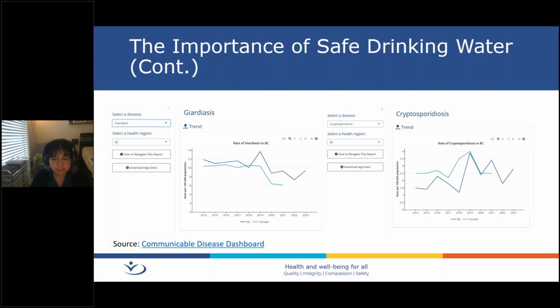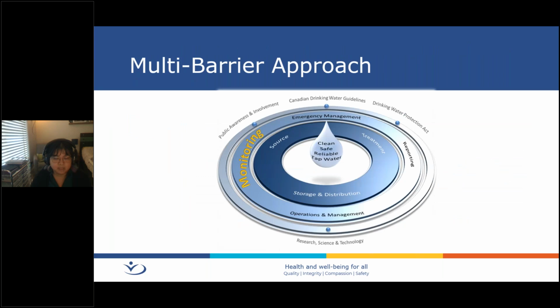There was an increased sensitivity to the PCR tests for these parasites in 2019. So you'll see the spike, but overall you'll still see more of a downward trend for these diseases. And the decrease in the number of cases that we're seeing is partly due to the multi-barrier approach.